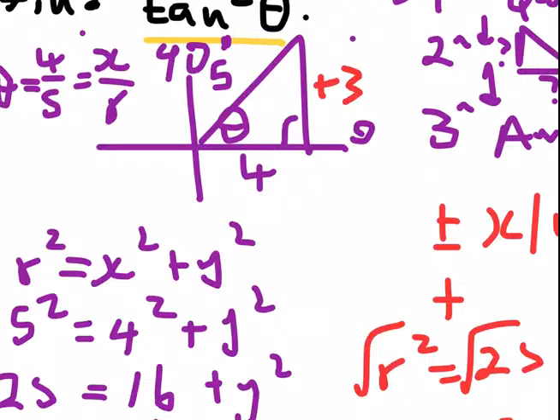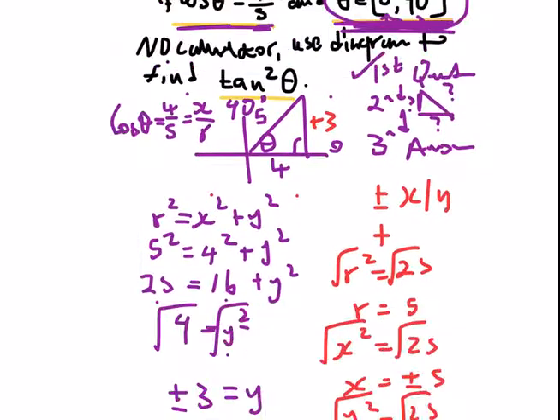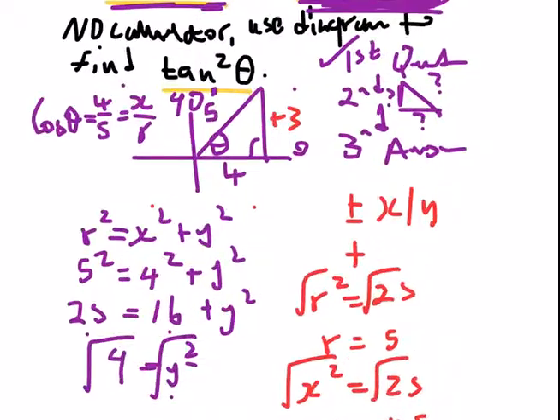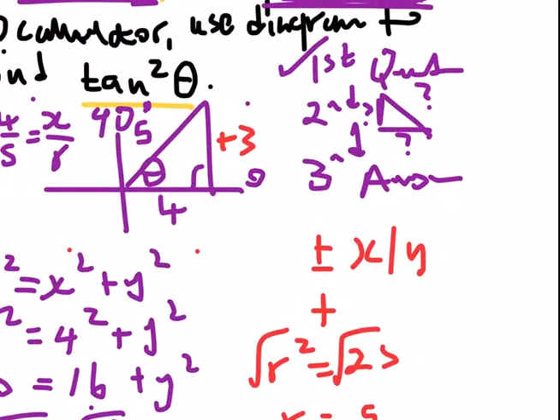But if it was in this quadrant or that quadrant, it would be negative. So we say plus or minus, knowing that the y value, and even the x value, can be positive or negative. It's only the r value which is always positive. So can you see, now we have just completed our right angled triangle. That means we are done with the second step.